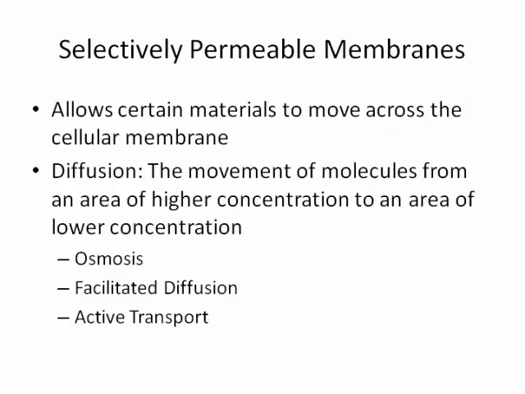Now, let's get into where things start to really get interesting. All right. We understand the parts of being selectively permeable, or the parts of being a membrane. But how exactly do we control what goes in and what goes out?